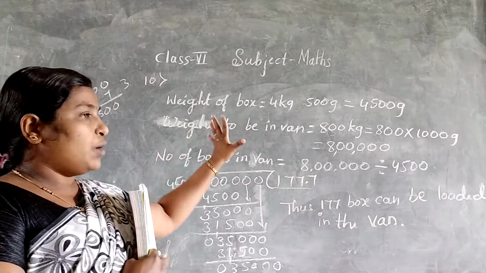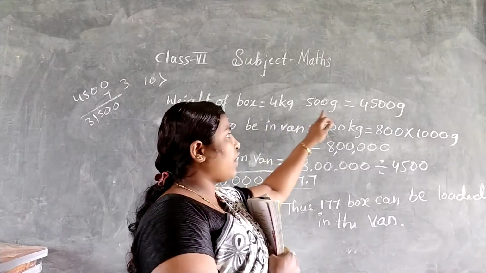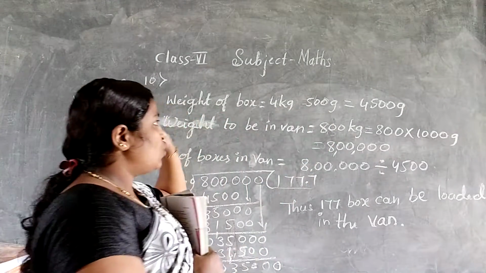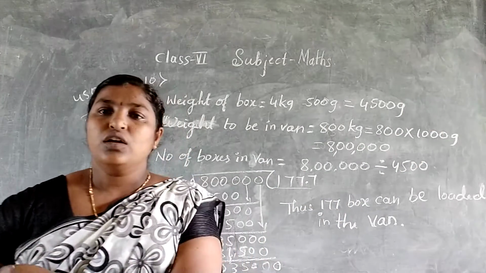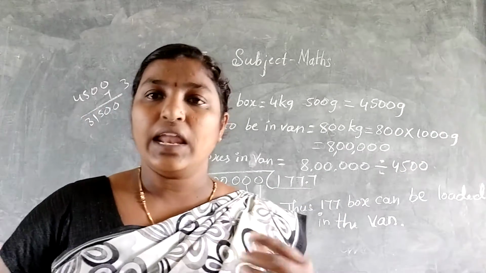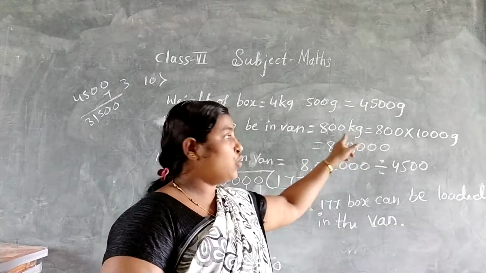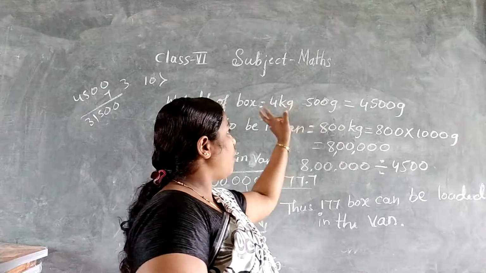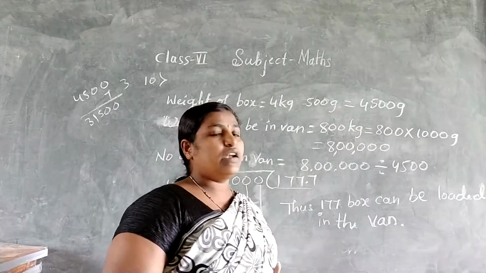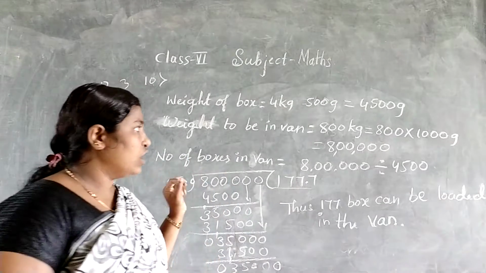There are some medicine boxes. One box weighs 4 kg 500 gram. We should load many such boxes into the van so that the van carries up to 800 kg. So for an 800 kg van, how many boxes of 4500 gram can be loaded?